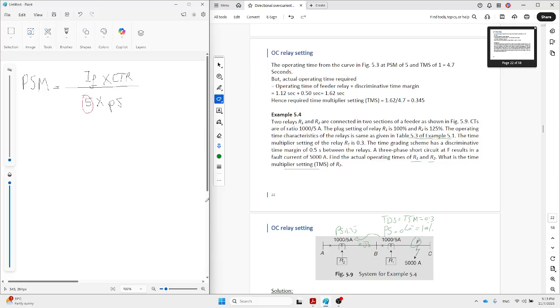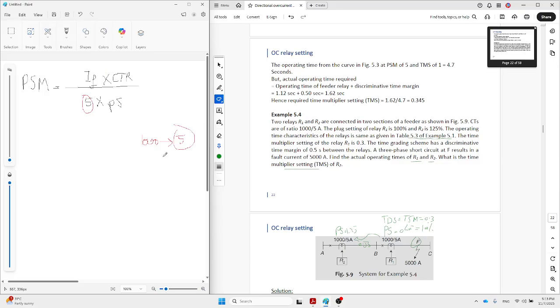Assume in this network we have the maximum loading current, which is 1000, at the primary side. Since we use a CT, the secondary side must be 5. So this is the reason we choose 5.